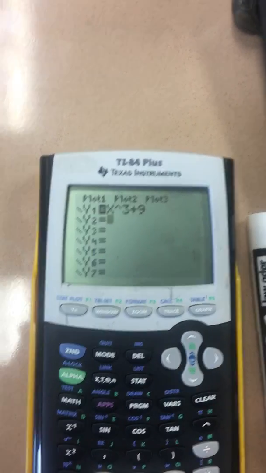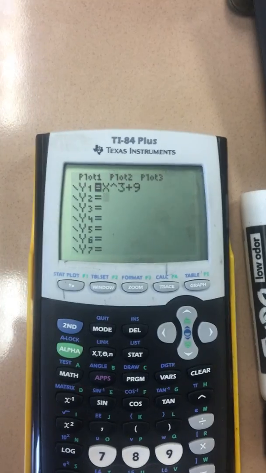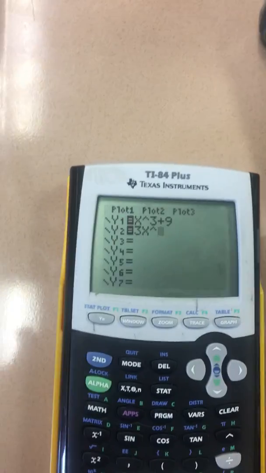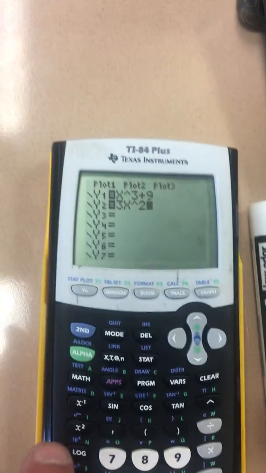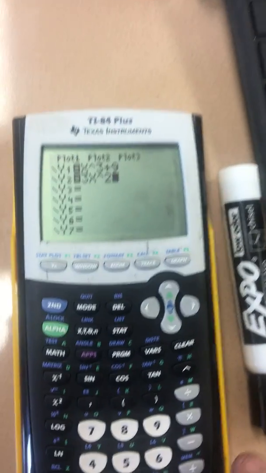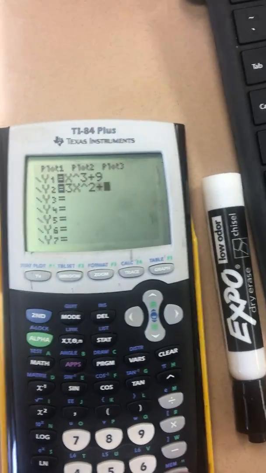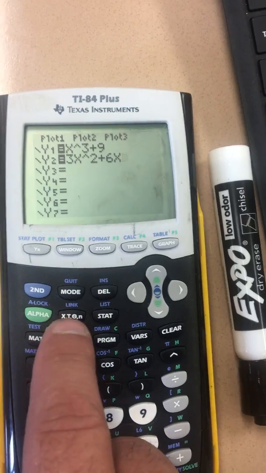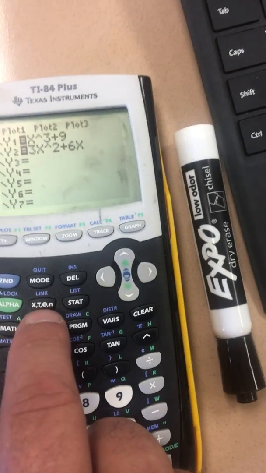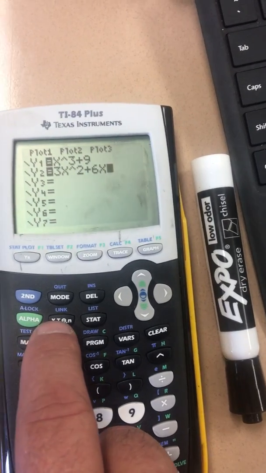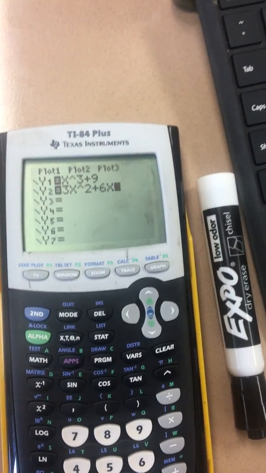And then I'm going to go down, and I'm going to go 3x squared. I like using the caret key better, but sometimes people will use that x squared there. They'll both work. So 3x squared plus 6x. By the way, the x, where it says X,T,theta,n, that's next to the alpha right there.